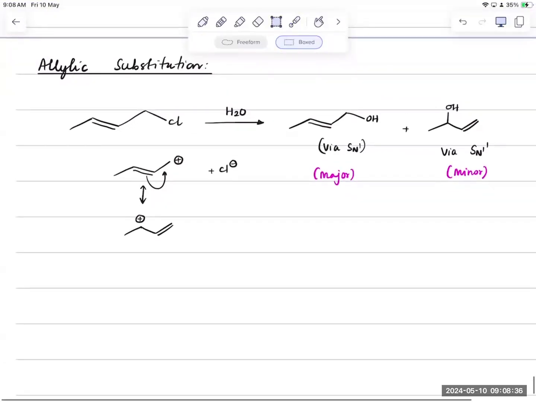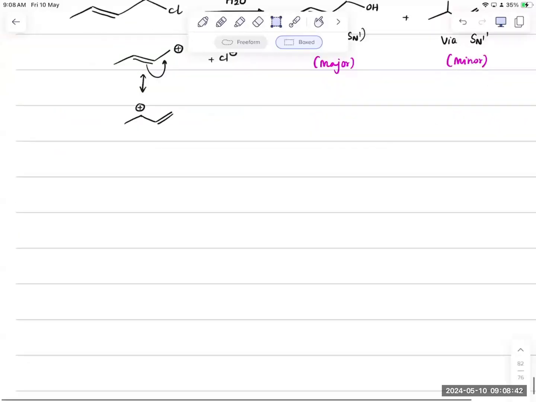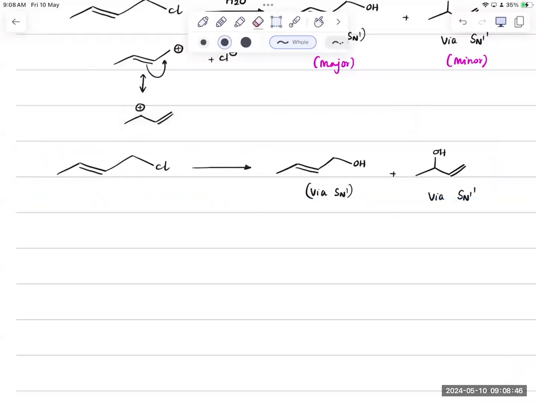Now, if the same allylic substitution reaction is given here, but instead of H2O we take OH minus, which is a strong nucleophile, you will get these two products again, but this is via SN2, while this is via SN2 prime.